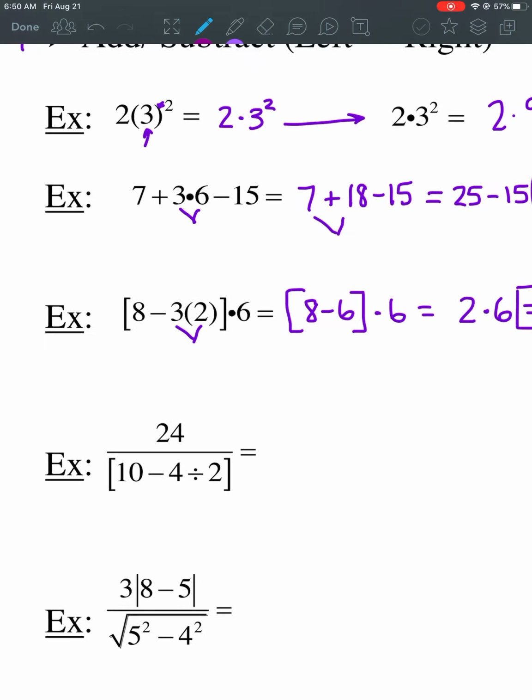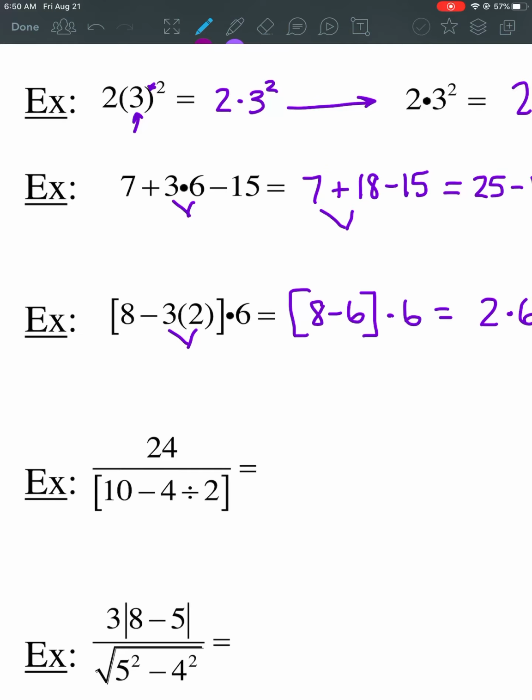Okay. Next one, here's that long fraction bar that I was talking about. So we do everything on top first, then everything on bottom, and then divide is the very last step. So down here, we need to do our brackets first. So follow order of operations inside of there. Divide comes before subtraction. So I'm going to leave the top number as it is, and that's all over.